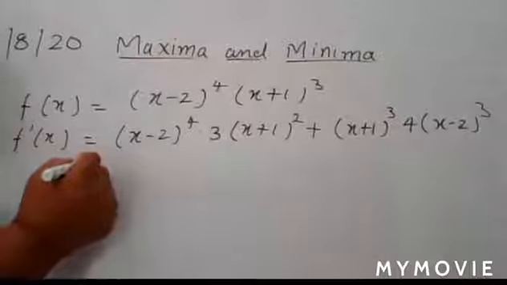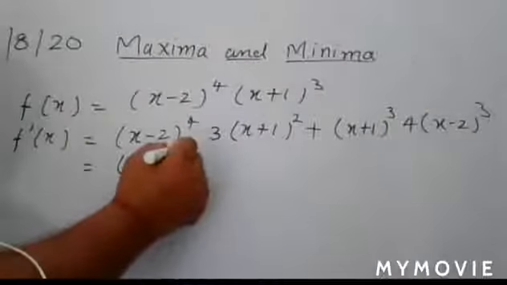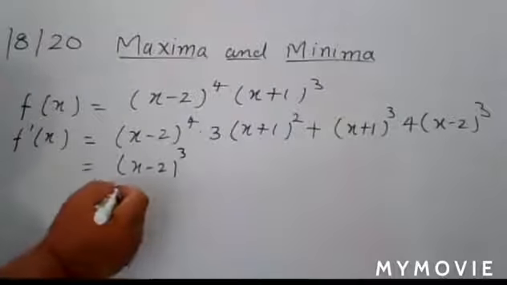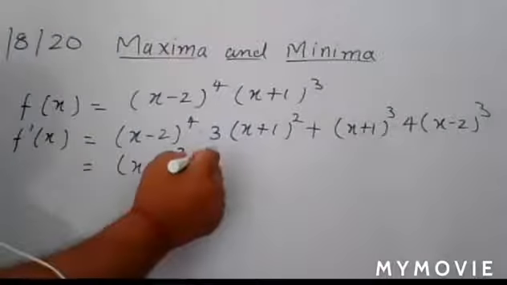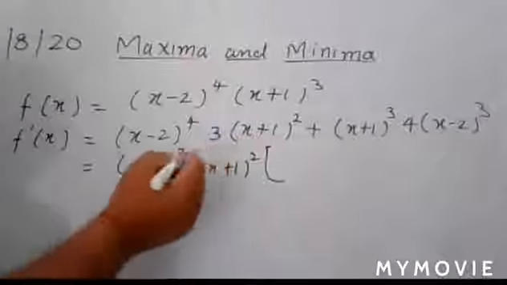Now take common (x - 2)^3 and (x + 1)^2.